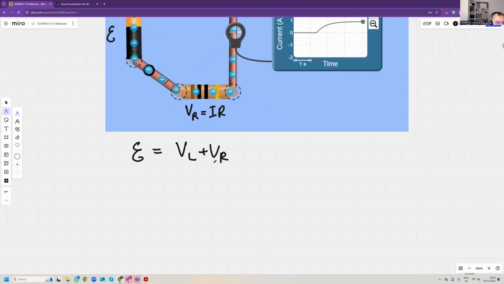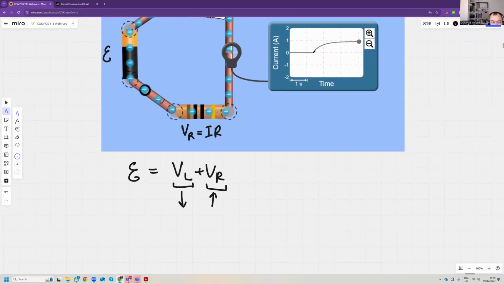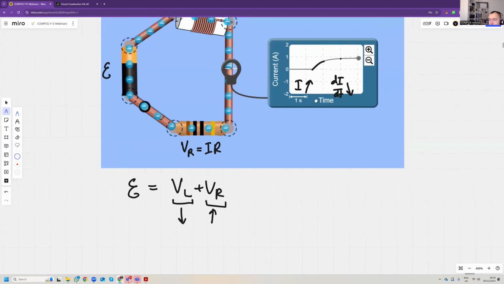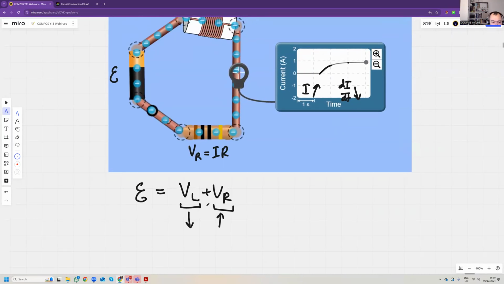As the current increases, the voltage here decreases because the rate of change of current decreases. And as you can see, as current increases, the rate of change decreases. So current is increasing, but di/dt is decreasing. Does that answer your question, Abiola? You have energy conserved because one goes up, one goes down.